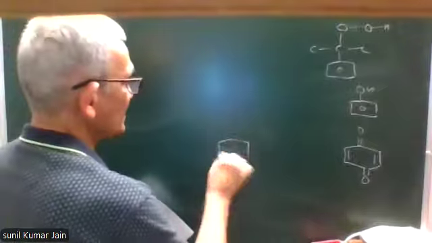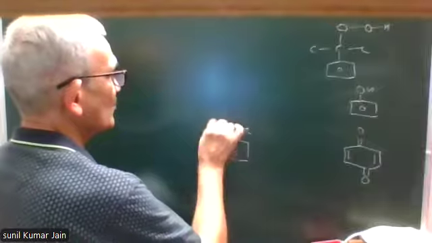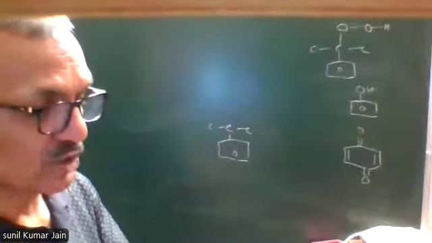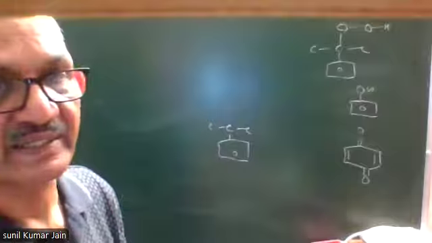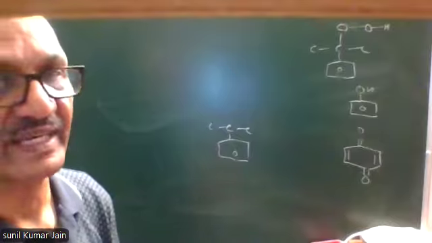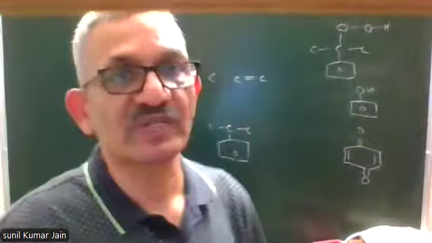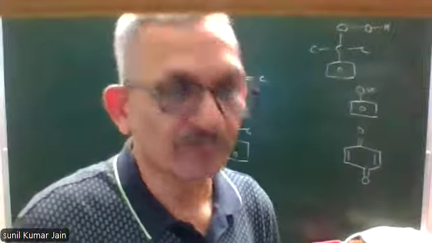It means C is cumene. Cumene is obtained by the reaction of B with benzene. This is a special Friedel-Crafts alkylation reaction. So this reactant is propene. So propene with benzene in the presence of phosphoric acid generates cumene.